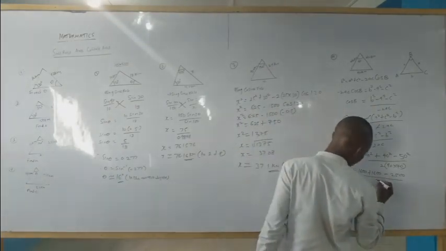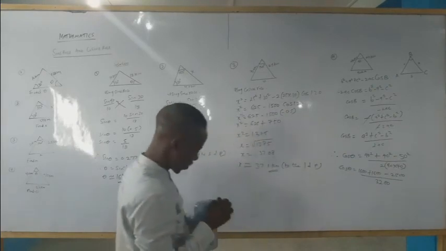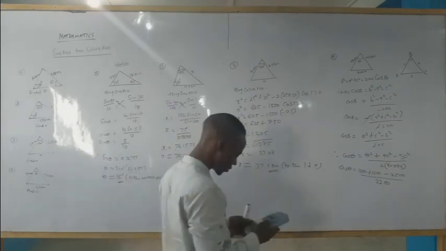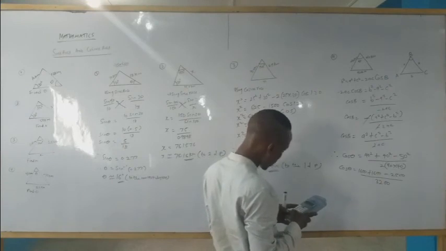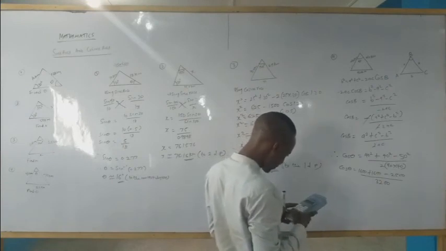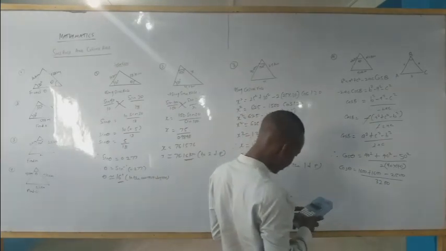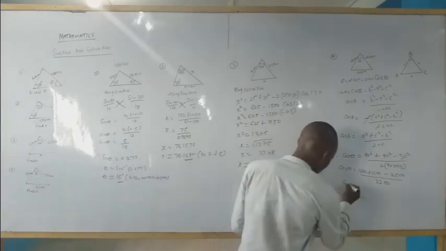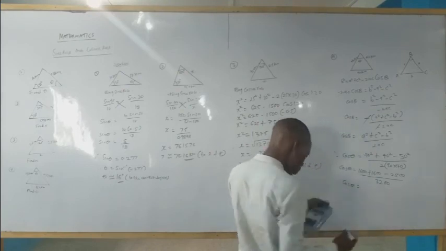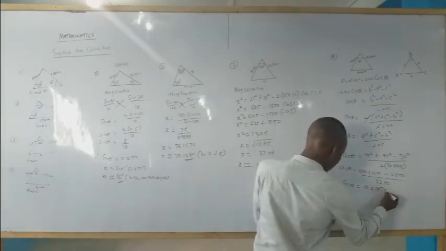We find the value of this. 1600. So we have cos theta equal to 0.21875.